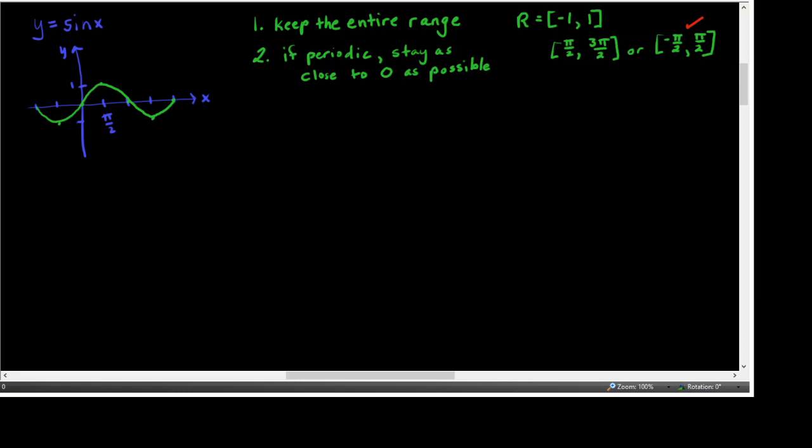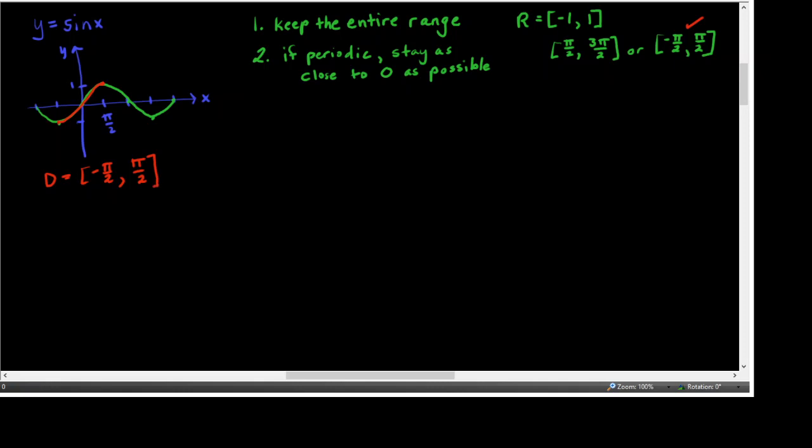And so I'm going to color the part we're keeping in red. And so with that domain restriction, saying we're going to make our domain be -pi over 2 to pi over 2, that function in red is now one-to-one and invertible.